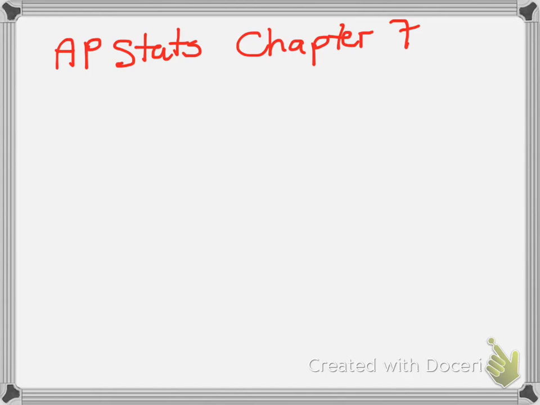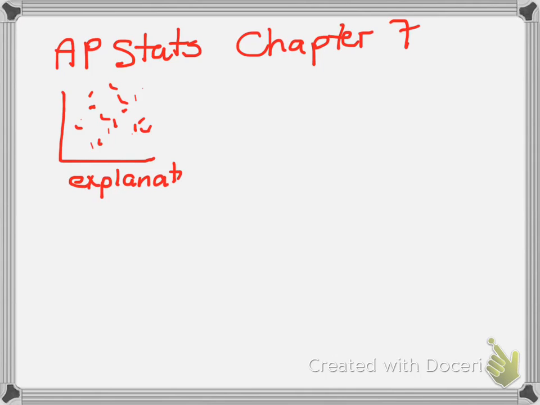So the first thing I want you to know is that we're talking here about scatter plots, all right? And I think you know about scatter plots. We have a horizontal and vertical axis, and we have dots, all right? So first of all, the horizontal axis, or what we know as the independent variable, we call the explanatory variable. Remember, we used this term when we did experiments.